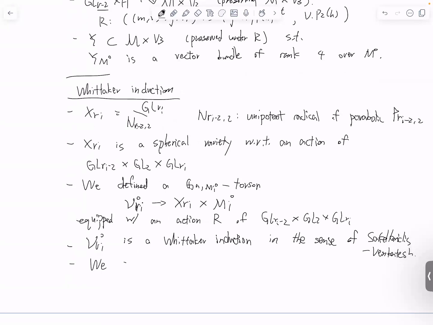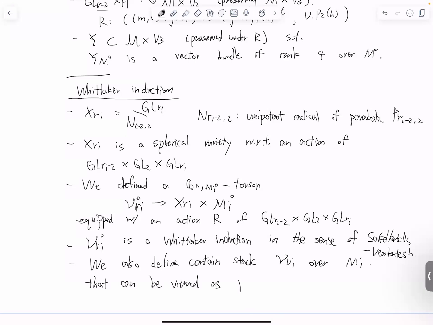And we also define a certain stack VRi over Mi, which can be viewed as a partial closure of VRi circ.